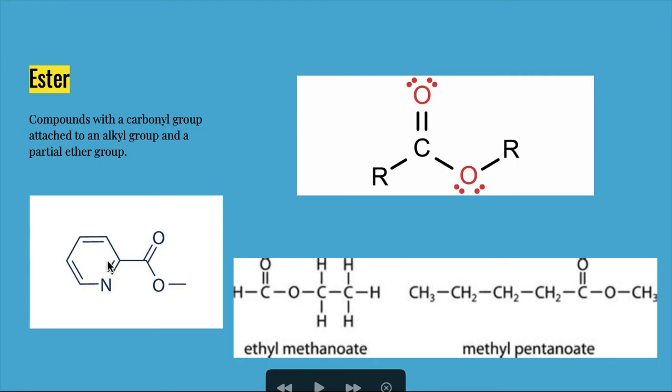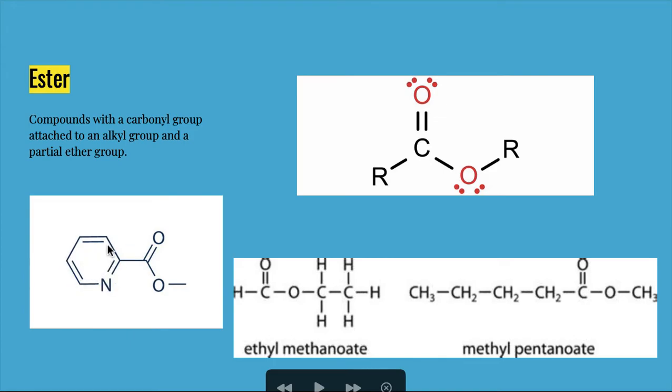So here's a couple of examples. There's one over here. So there's the carbonyl group with an O and R group on one side and some other R group over here. And interestingly, this one is, well, never mind. No, it's not an amine, sorry, since it's double bonded.